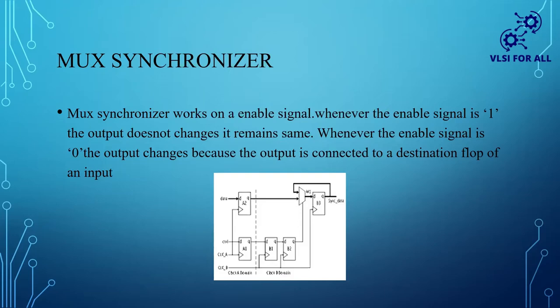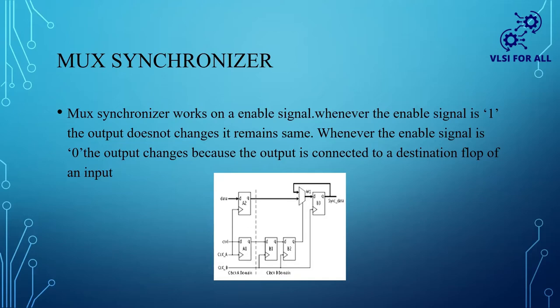Instead, I'll just explain the overview. The mux synchronizer always works on an enable signal. The enable may be a 0 or a 1, that means low or high.